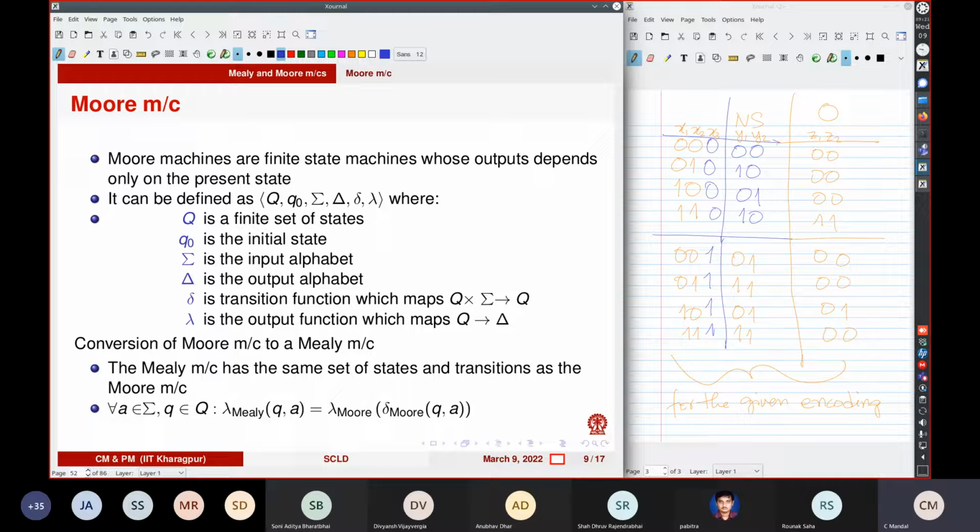Suppose the output in state Q on receipt of the input symbol A. What will the Moore machine do when you get an input symbol A? It is going to make a transition from Q on A and go to some other state indicated by the state transition function.